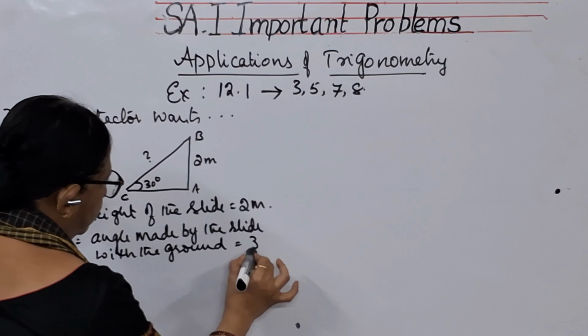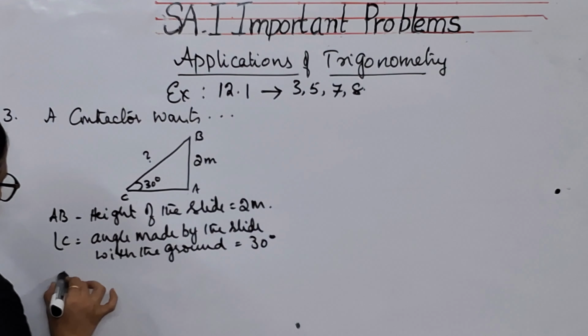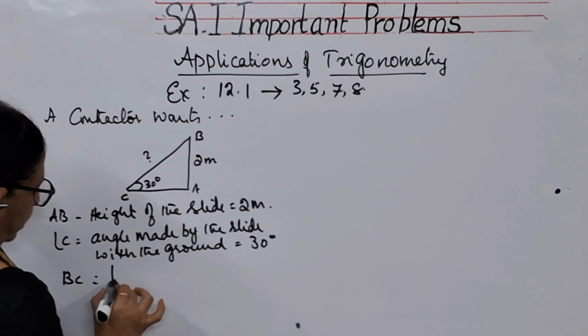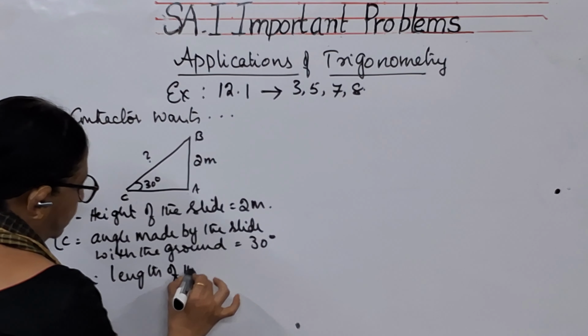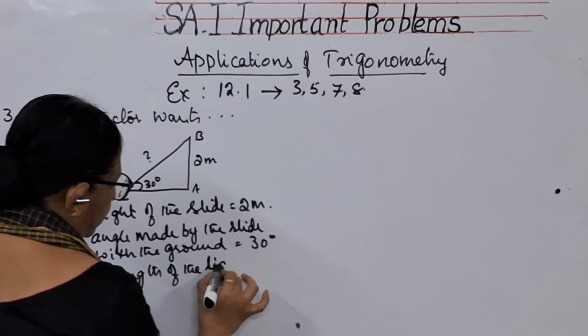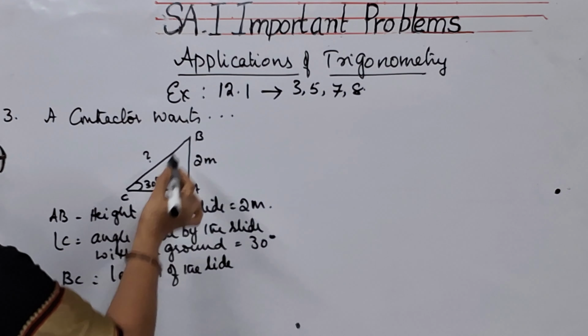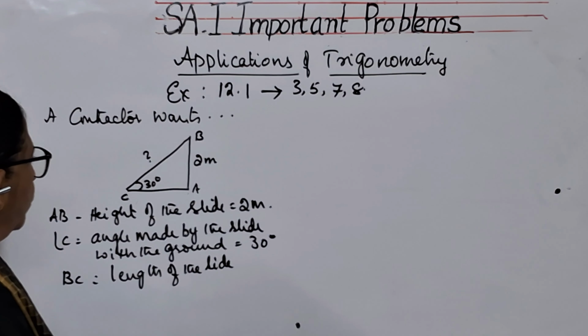How much, children, is it? 30 degrees. And what is BC? BC is the length of the slide. So how much is this length? We need to find out.